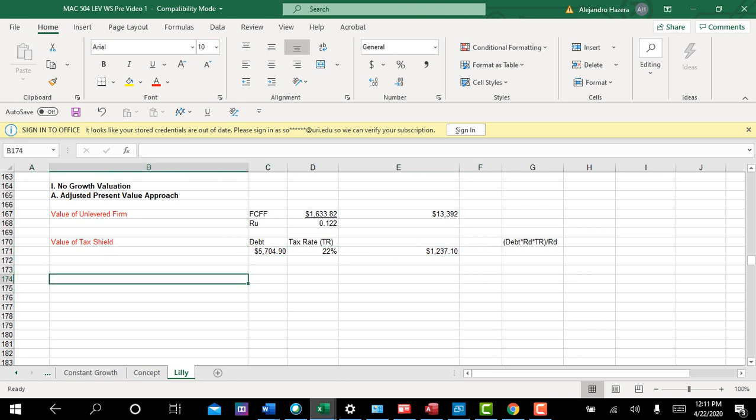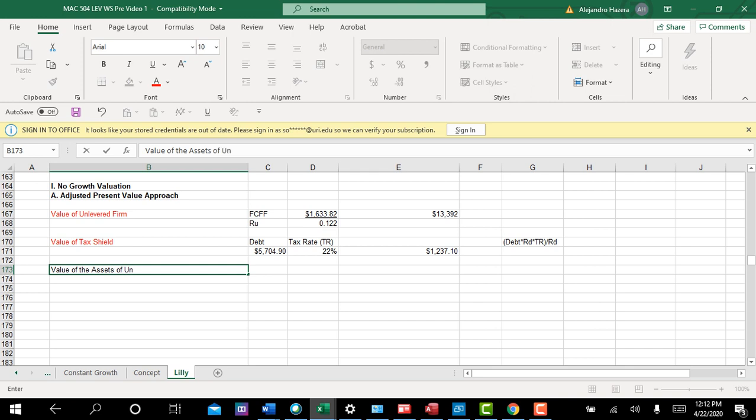Okay, so if you add together the value of the unlevered firm plus the value of your tax shield, that's going to give you, in a sense, the value of the firm.